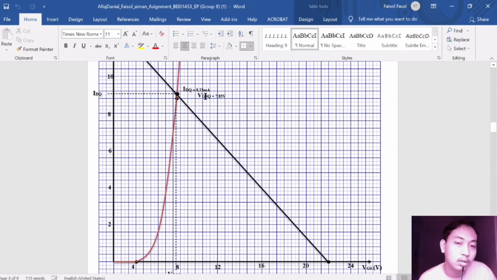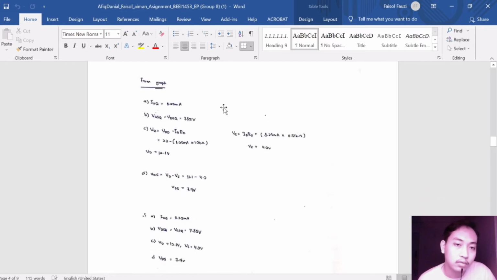So IDQ equals 8.25 milliampere, VGSQ equals 7.85 volt. So from the graph we get IDQ equal to 8.525 milliampere and VGSQ equal to 7.85 volt.